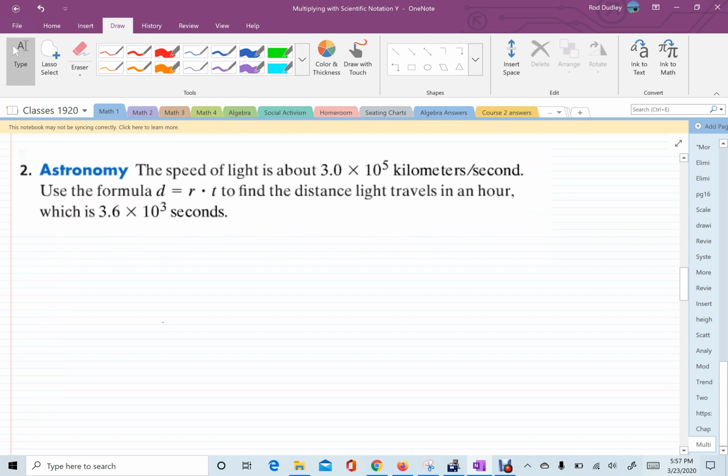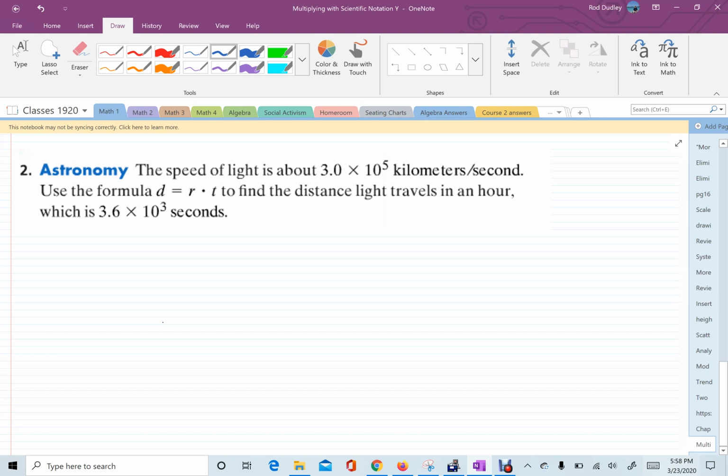All right, we're looking at a word problem because you guys love the word problems. The speed of light is about 3.0 times 10 to the 5th kilometers per second. Use the distance formula, D equals R times T, to find the distance light travels in an hour, which is 3.6 times 10 to the 3rd seconds. 1 hour is 3.6 times 10 to the 3rd seconds. That's 3,600 seconds.